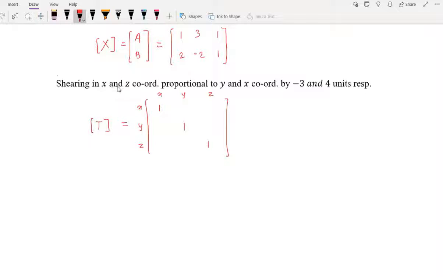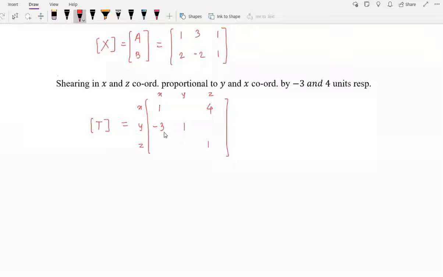Now X and Z proportional to the Y and X means what? X proportional to Y means -3 units, so X column and Y row is equal to -3. That means X proportional to Y coordinate. Similarly, Z coordinate proportional to X coordinate means Z column, X row, which will be 4 units.